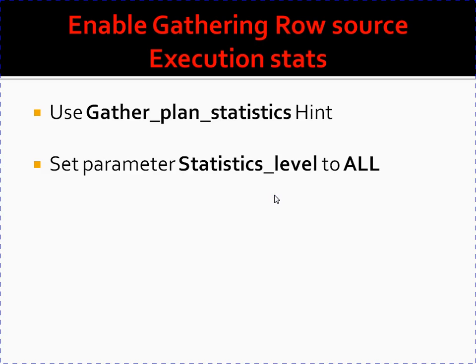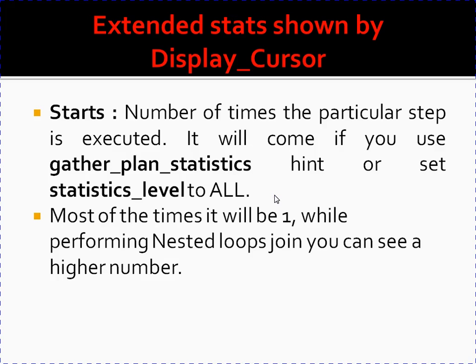To enable gathering of the row source execution statistics, you need to use either the gather_plan_statistics hint, or set the statistics_level parameter to ALL. Now I'll discuss the extended statistics shown by the displayCursor function, and show some demos.